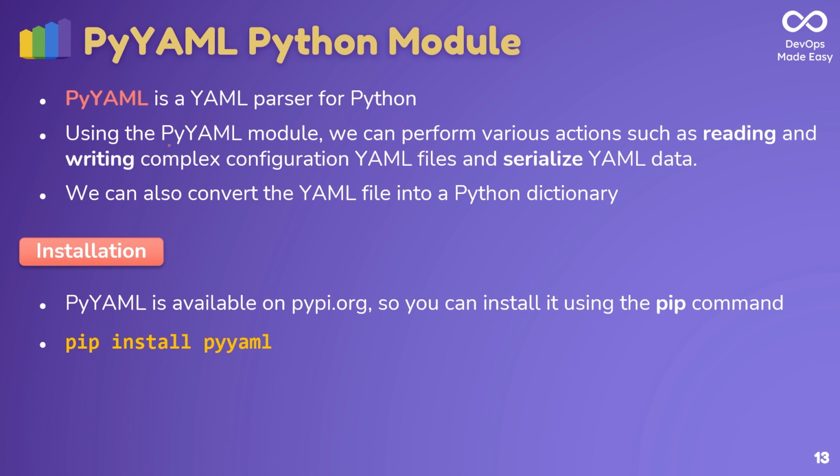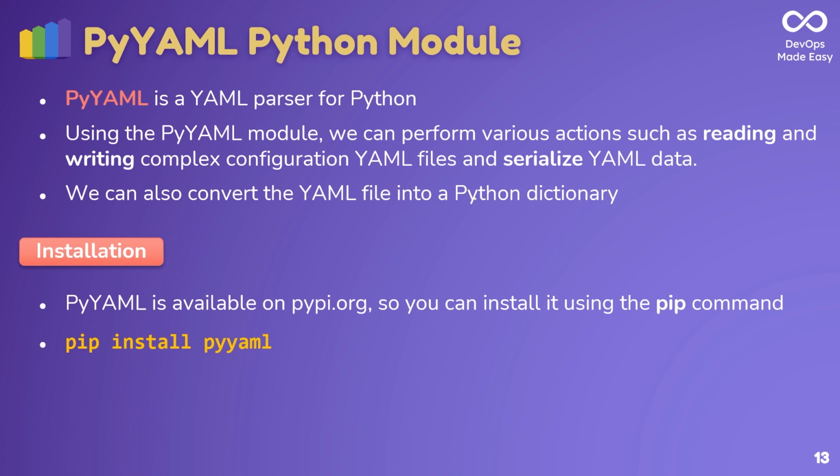Using the PyYAML module, we can perform various operations like reading and writing complex YAML files, and we can also serialize YAML files. Serializing here indicates converting Python objects into YAML streams. We can also convert a YAML file into a Python dictionary.